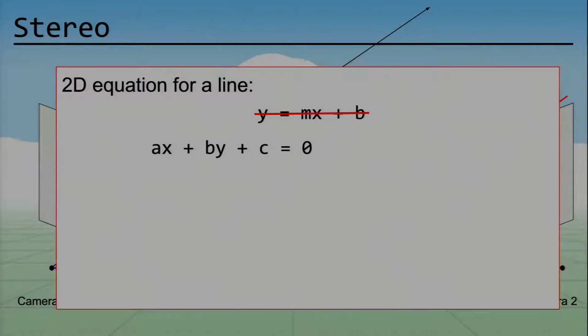Any x, y that satisfy this equation are on the line, and any x, y that don't are not on the line. We can also write this using vector notation as the dot product. So if we take a, b, c, these are our three coefficients, and we multiply a vector x, y, 1, so we just add the little 1 on the end of the vector, then that should equal 0. These are two ways of representing the same line.